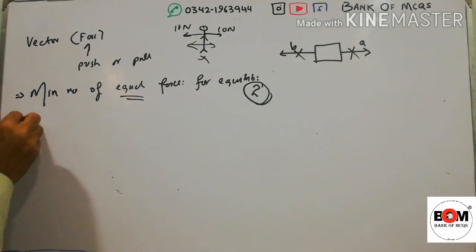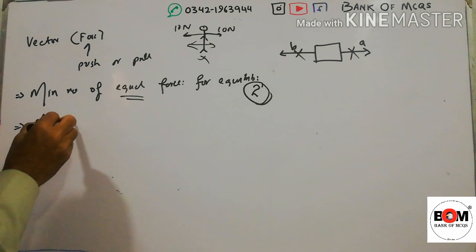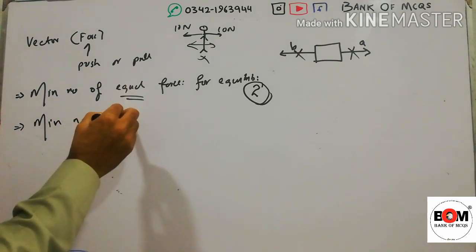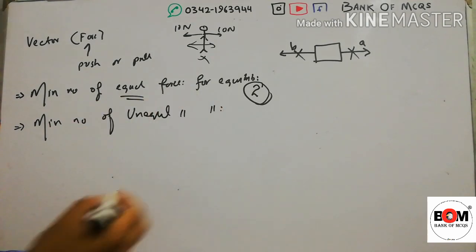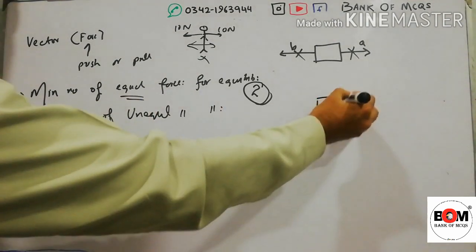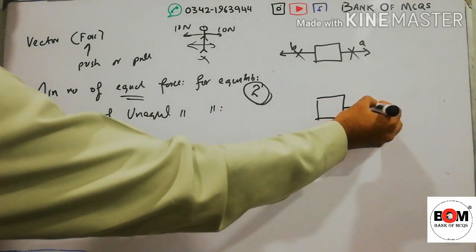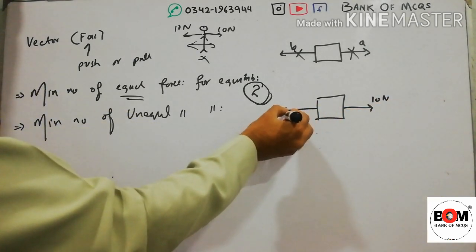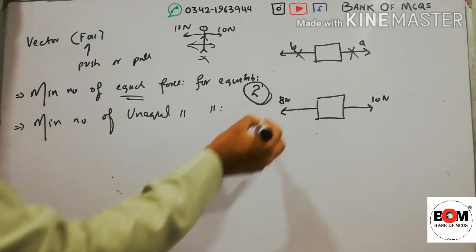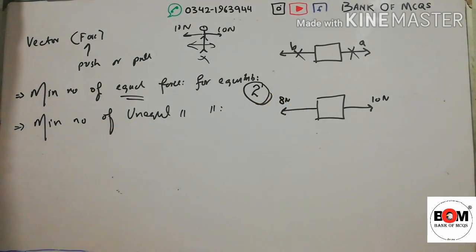The next is the minimum number of unequal forces for a body to be in equilibrium. So if this is the body, Ali is pulling it with 10 Newton force and Ahmed is pulling it with 10 Newton force. We need unequal forces.